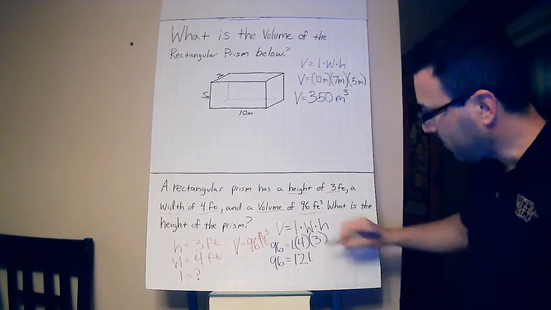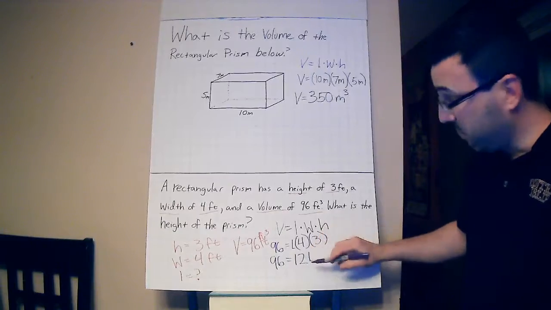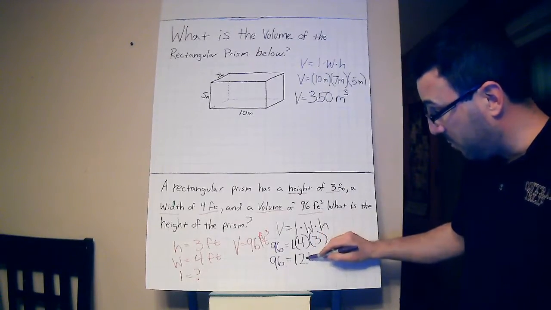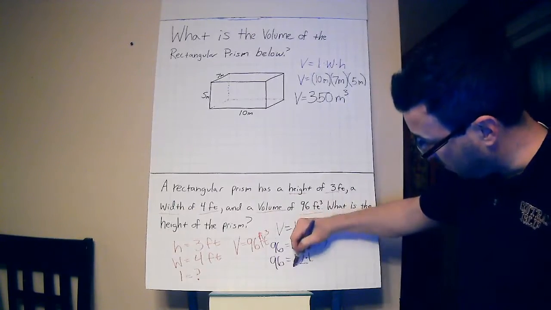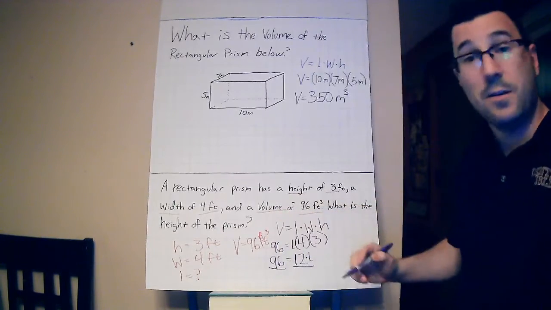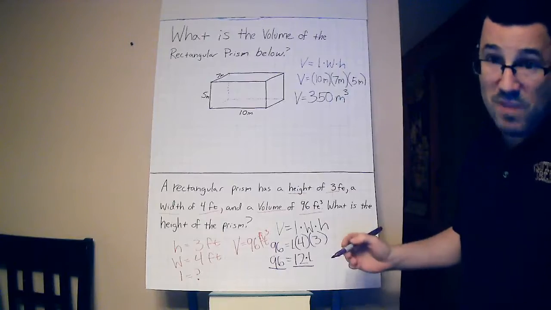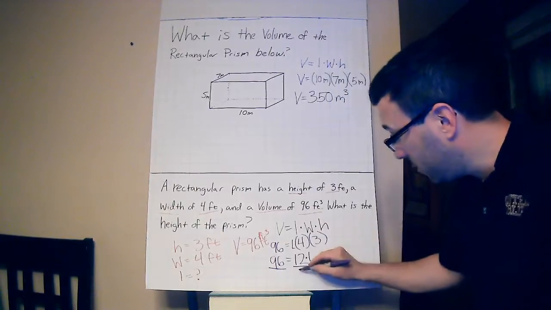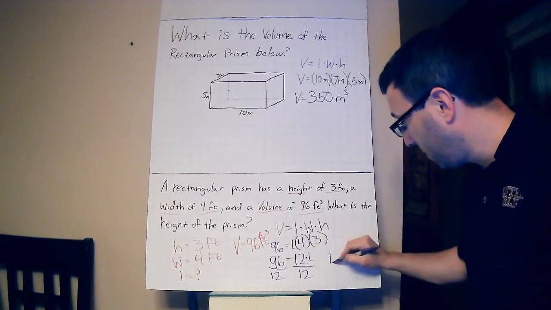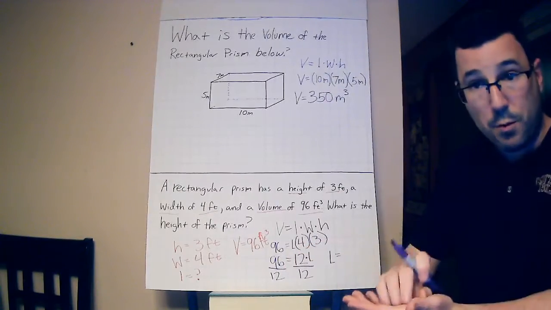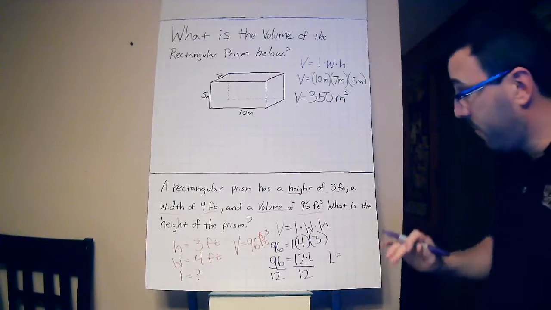So what I'm going to do is, since 12 is multiplying the L, we're going to divide. So we're going to divide by 12, because that's what's multiplying the variable. Divide by 12 on both sides. Put it in the calculator.